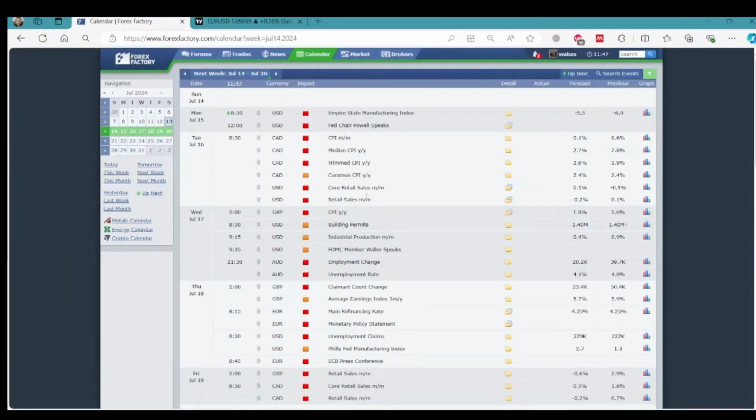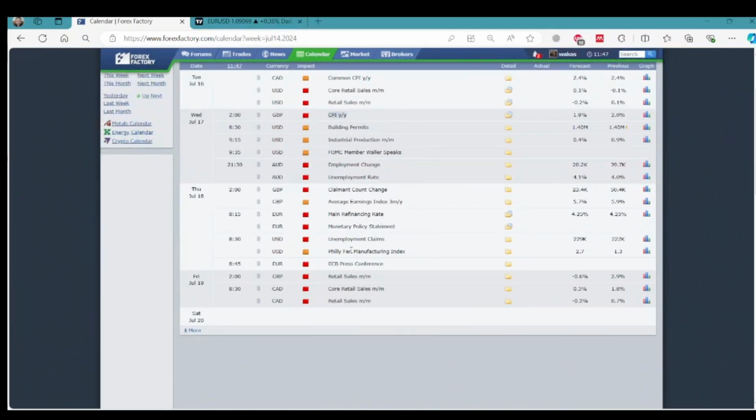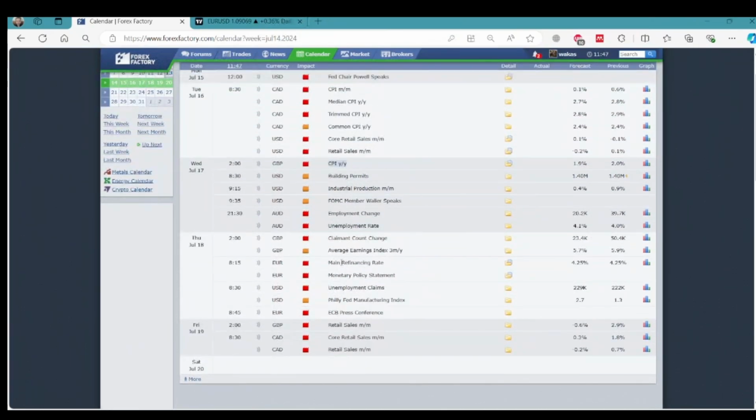Red folder news on Tuesday for USD. Wednesday is going to be an interesting day for GBPUSD because there is a CPI for that. Then we got red folder news on Thursday. So Monday, Tuesday, and Thursday are the red folder news for Euro.